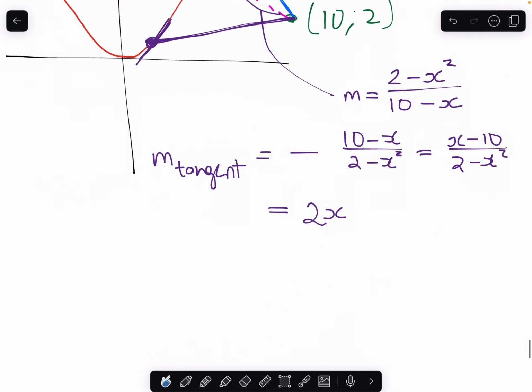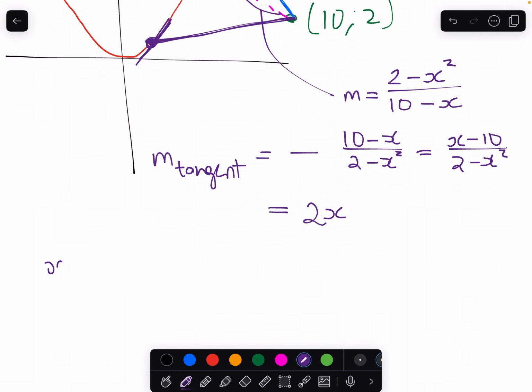So then they solve this. (x minus 10) over (2 minus x squared) is equal to 2x, which we can write as 2x over 1, and then cross multiply.